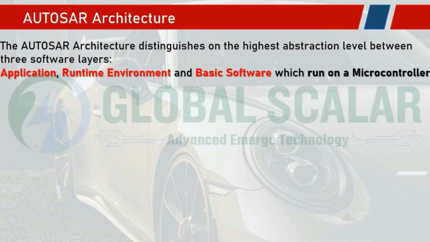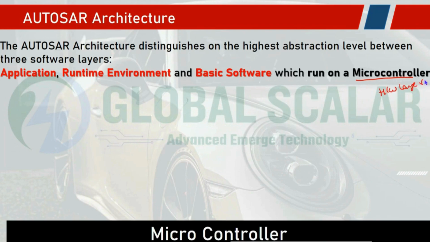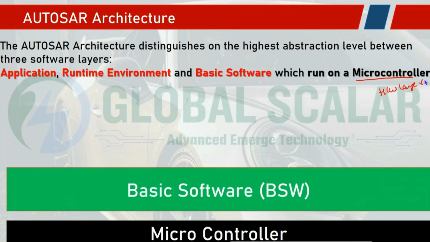These are the major three software layers, and they run on the hardware layer. We know the microcontroller provides the interfaces to the hardware resources for the basic software. And the basic software provides services like communication, memory management, diagnostics, and hardware abstraction.